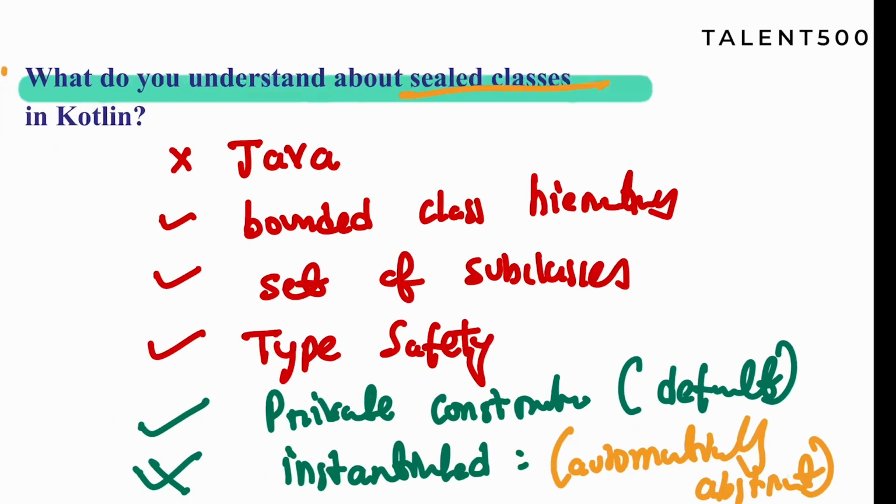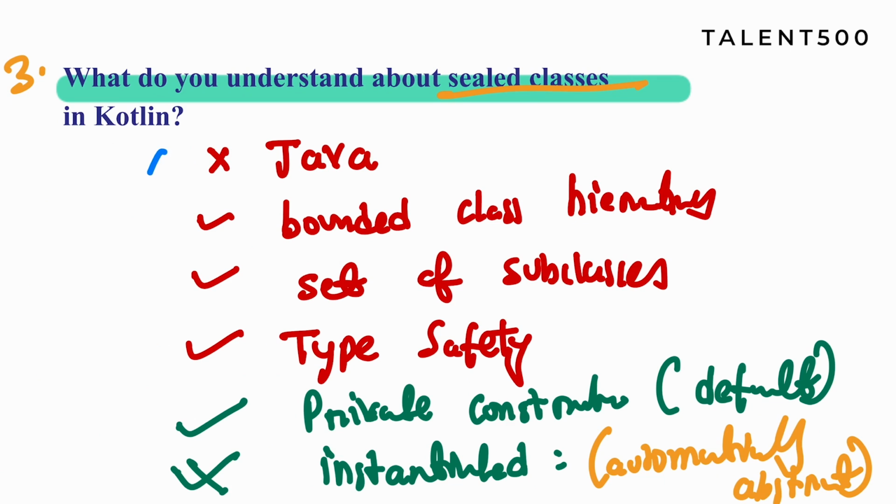So this is the syntax of sealed classes, and these are some of the important characteristics. It ensures type safety, by default its constructors are private, and it can't be instantiated because it is automatically abstract.